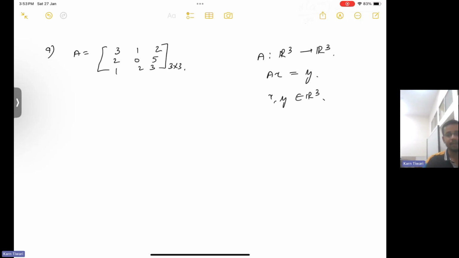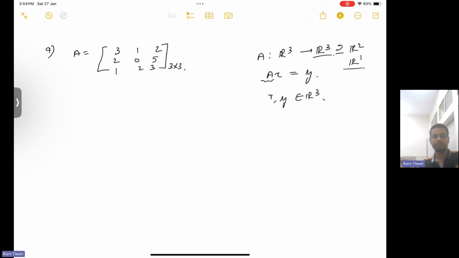So the rank basically means the dimension of the space where it is mapping. After multiplying with the matrix A, it maps to a space. What's the dimension of that space? It's not necessarily the case that the mapping is wholly R3. It might map to a subset, which is R2 or R1.